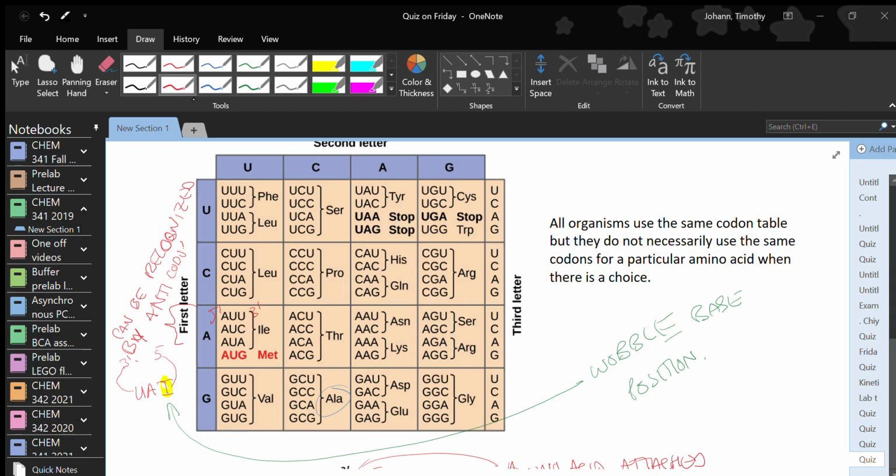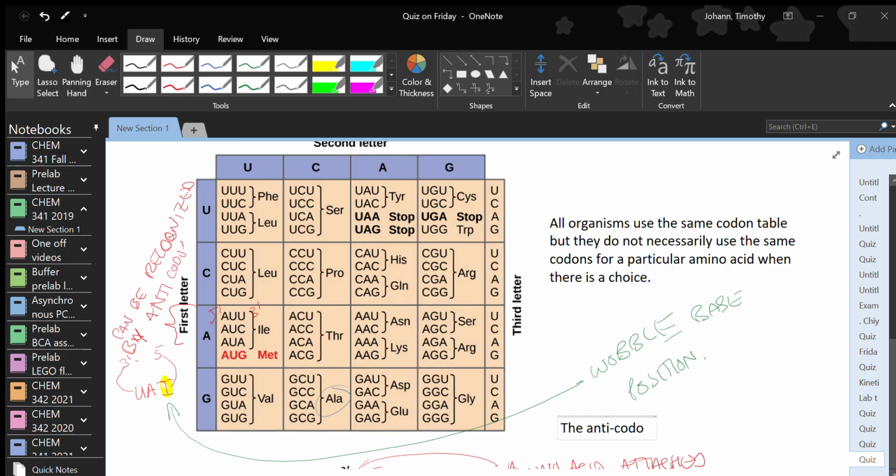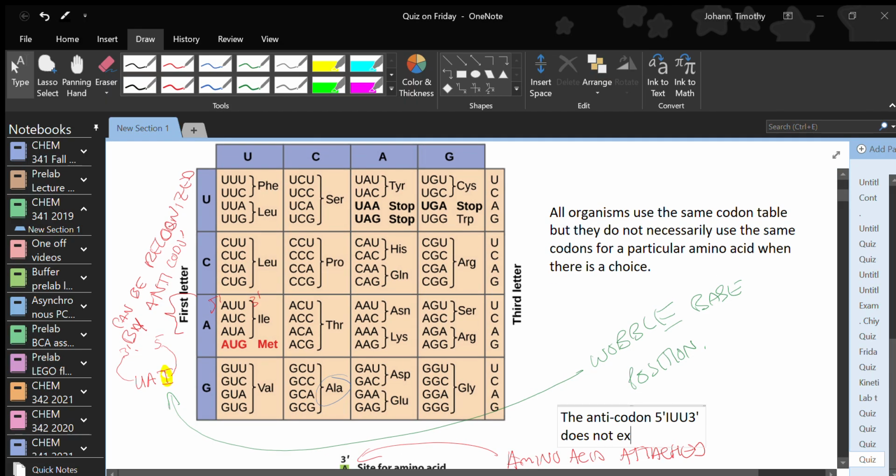Okay, let me ask you a question then. There are no tRNAs with an anticodon that goes, I've got to get this right, 5' I, U, U, which does not exist in nature.